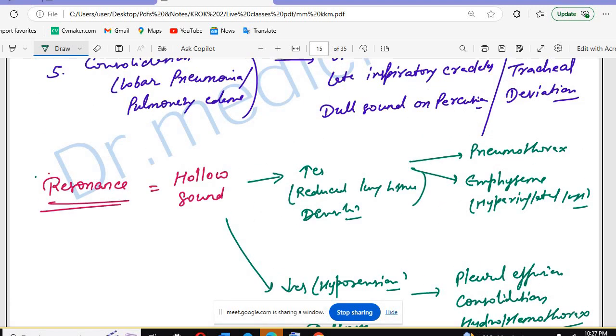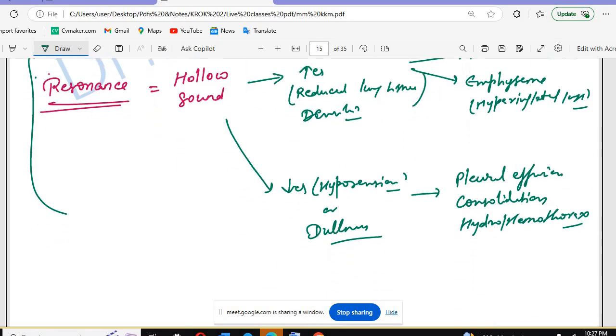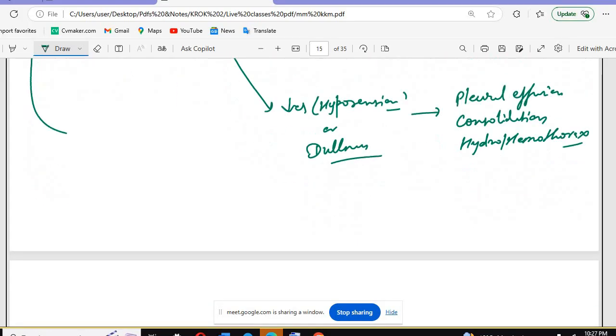So resonance is the hollow sound, increased or decreased. Increased is hyperresonance, seen in emphysema and pneumothorax. Decreased is hyporesonance, seen in pleural effusion, consolidation and hemothorax.